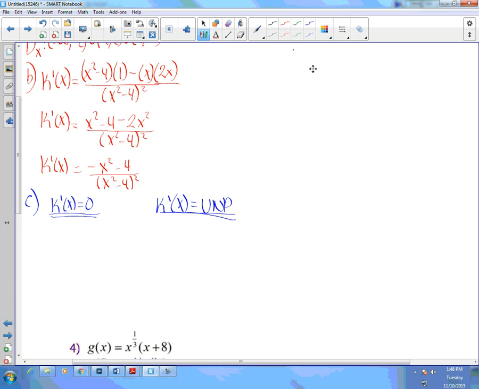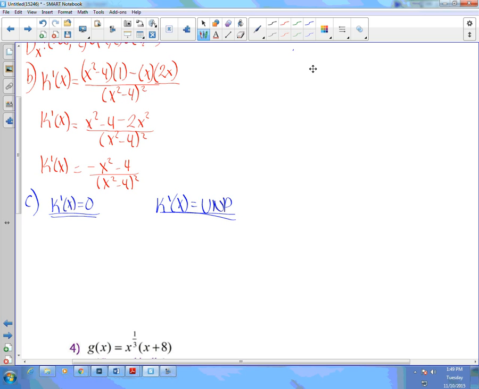Okay? When would k prime of x be undefined? We're undefined when we have a division by 0 issue. So what part of this fraction gives us a division by 0 problem?